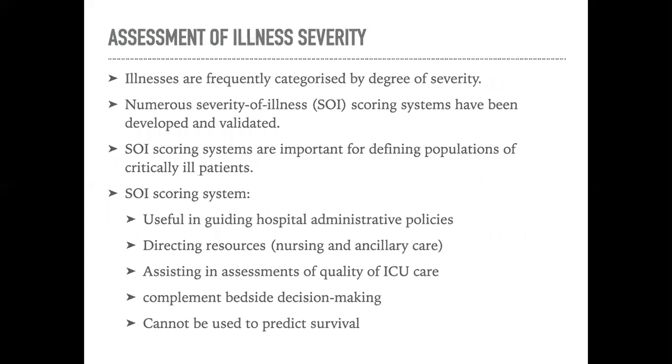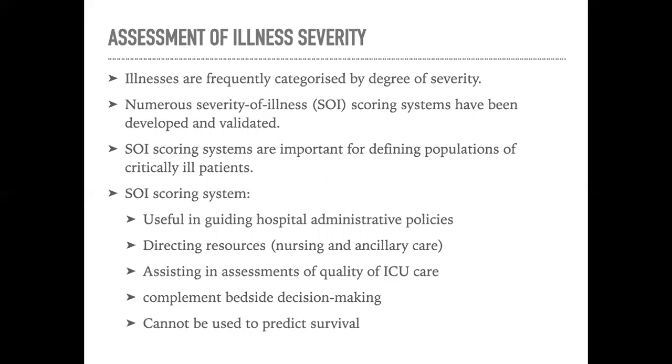The illnesses that we encounter in the ICU are frequently categorized by degree of severity. So the scoring systems that have been formulated were eventually validated, and I will mention the three more common ones. The scoring system that would now give us an idea of the severity of illness will guide the hospital administrative policies.